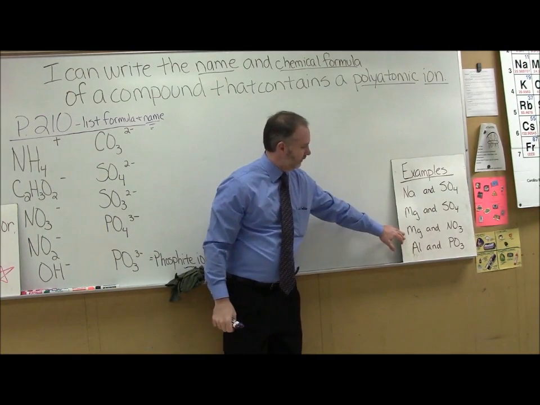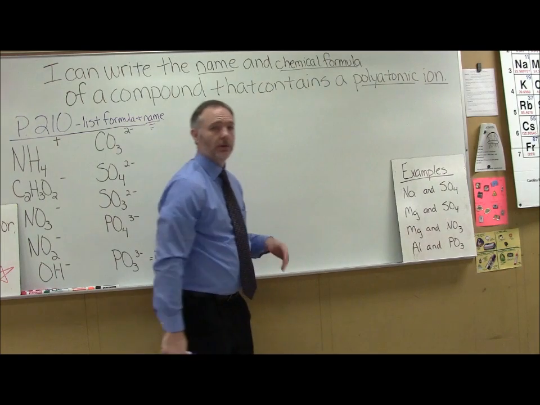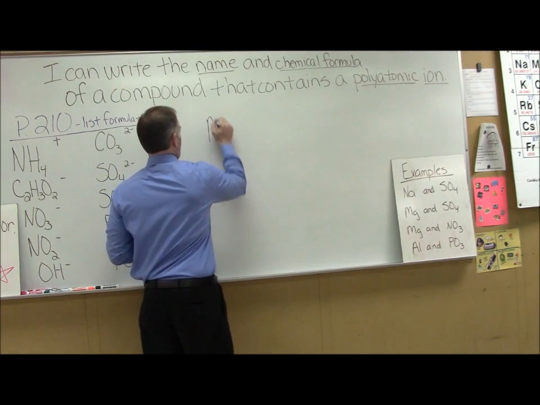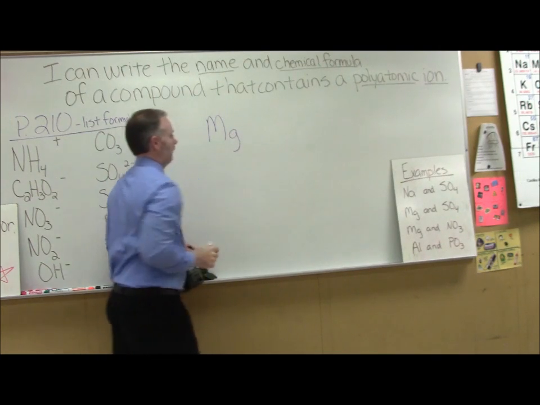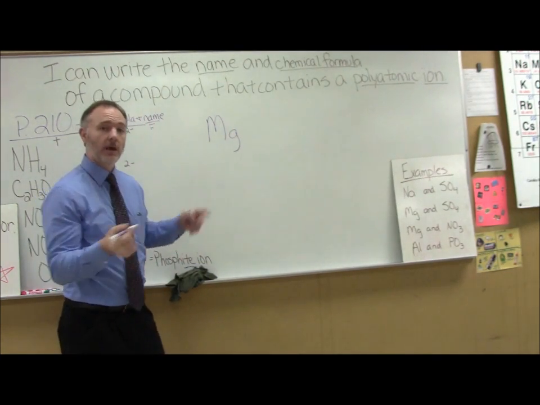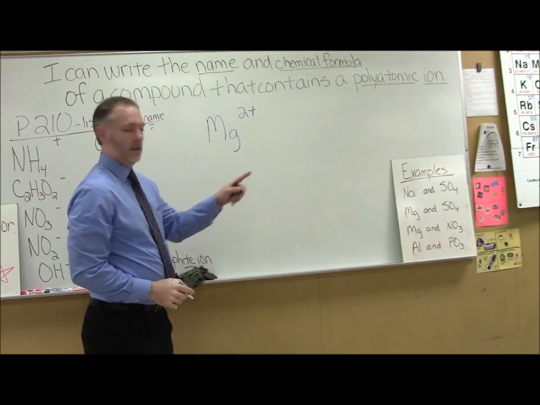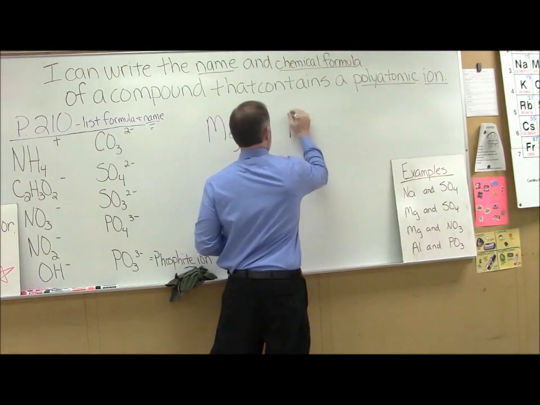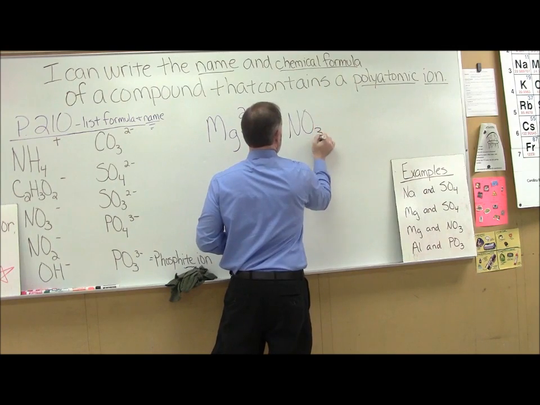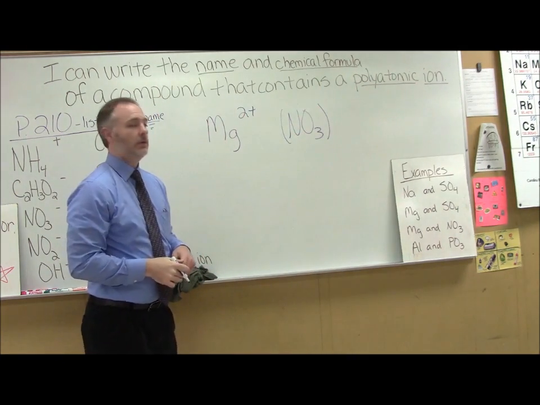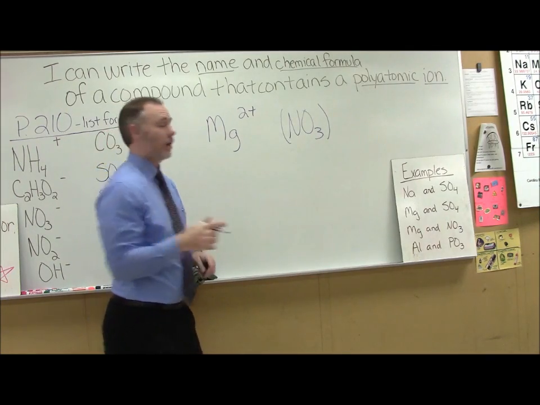Next one here, we'll do magnesium, and NO3 is the nitrate ion. Magnesium, once again, is +2 charge. Nitrate, NO3, put parentheses around it. You need to know the name of that, and the charge is -1.